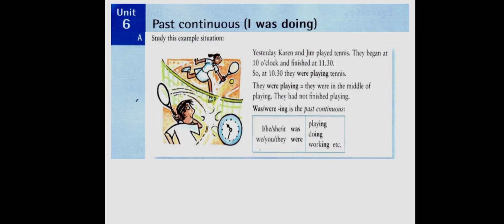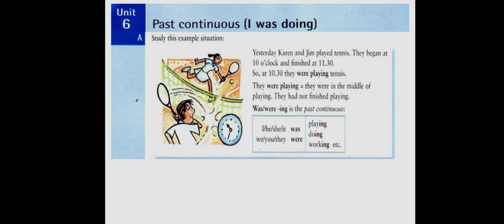Then we can say they were studying English yesterday at 5 o'clock. We were studying English grammar yesterday at 5 o'clock. You were studying English grammar yesterday at 5 o'clock.